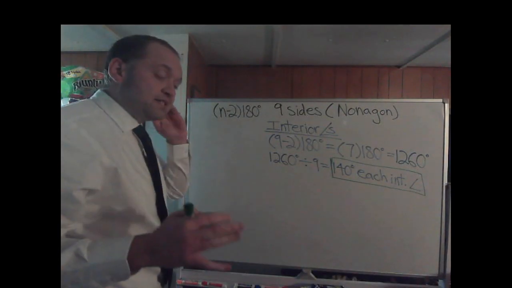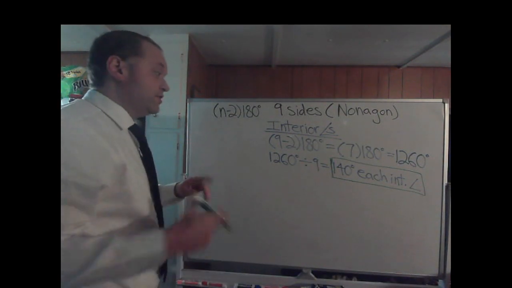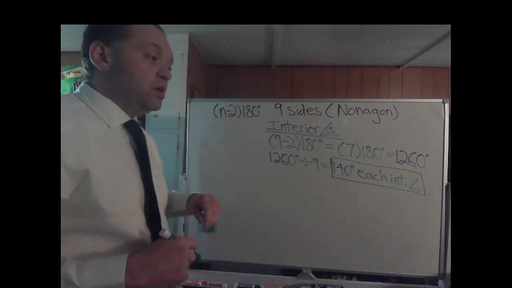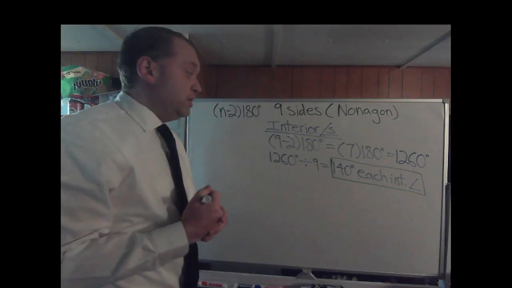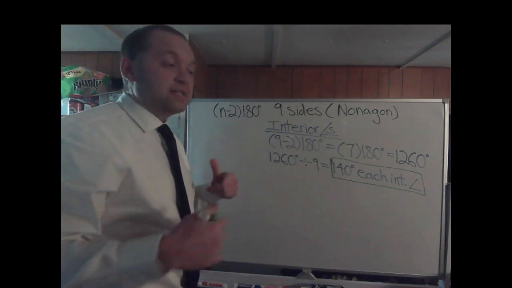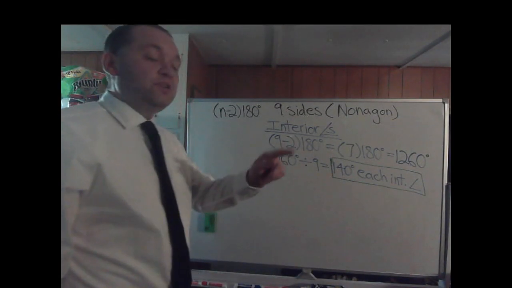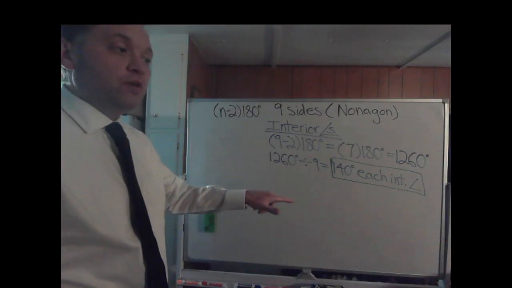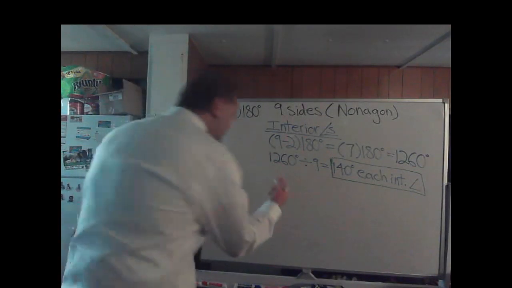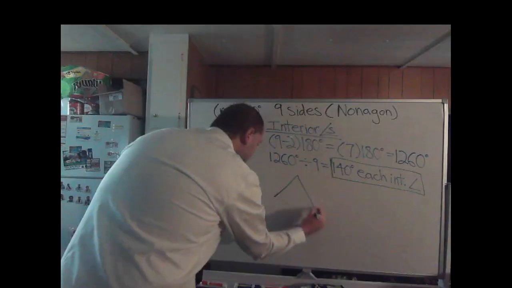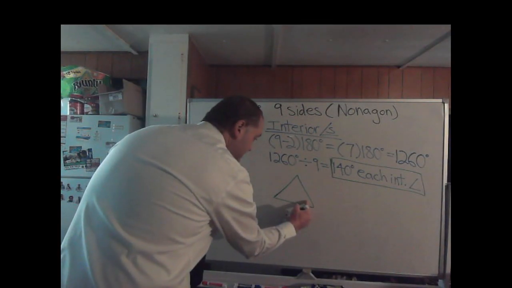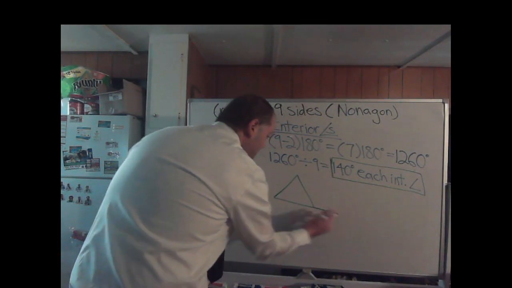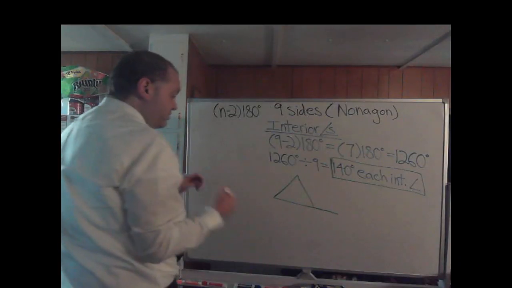Then we're being asked to find the measure of each exterior angle. Well, we know with any polygon, the exterior angle, if you take each side and draw a line out, let me just draw a triangle real quick. I have an interior angle here, I draw the line out here, I get my exterior angle.